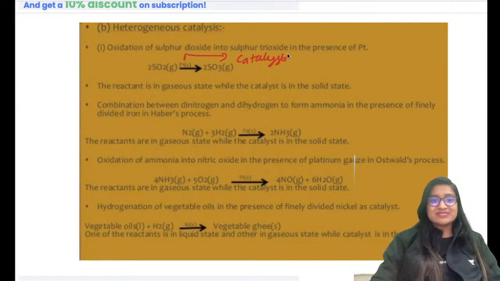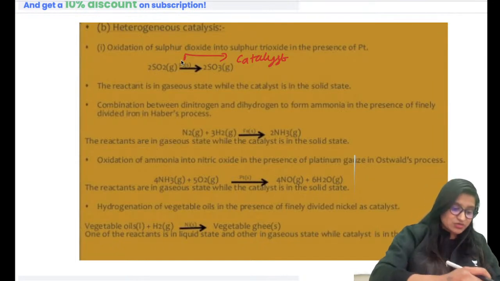But you can see here that sulfur dioxide, that is SO2, and sulfur trioxide, that is SO3, are present in the gaseous state, whereas platinum, which is working as a catalyst, is present in the solid state.